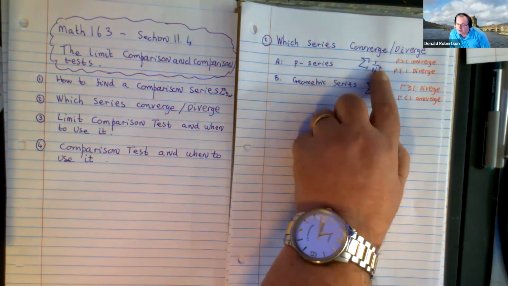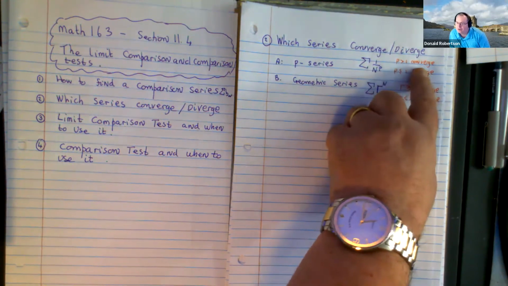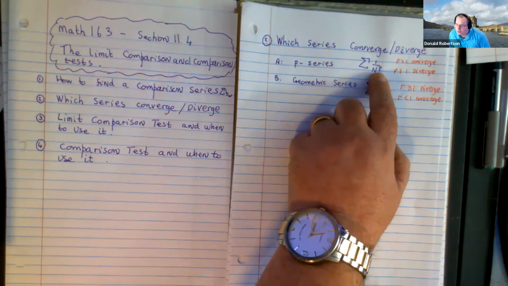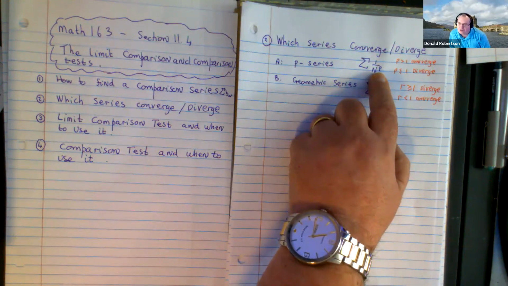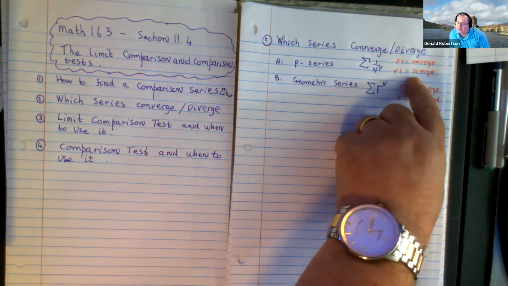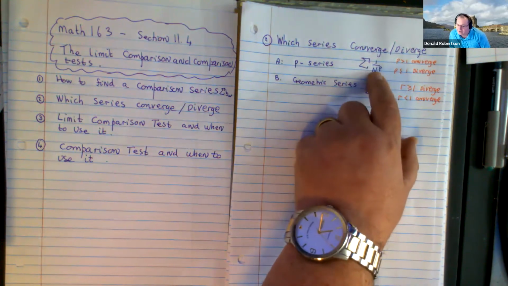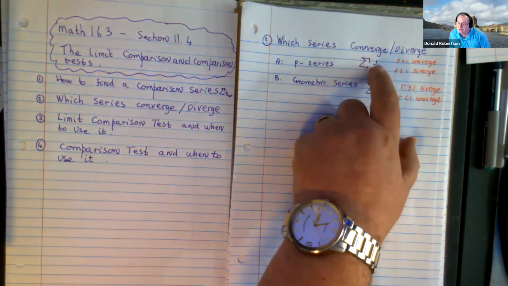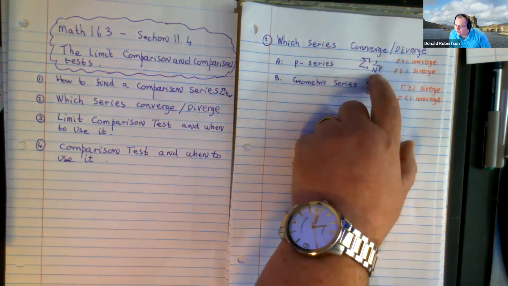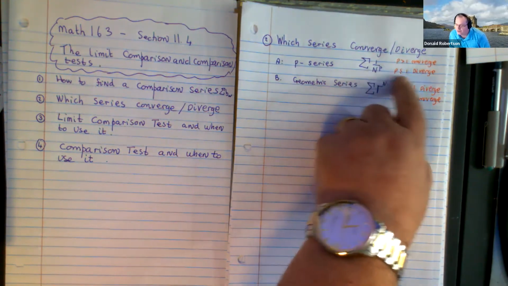If this power, this p, is bigger than 1, the series converges. So 1 over n squared converges, 1 over n cubed converges, 1 over n to the power of 1.1 converges. On the other hand, if p is less than or equal to 1, this series will diverge. So 1 over n diverges, 1 over n to the half, 1 over n to the 3/4, those diverge.